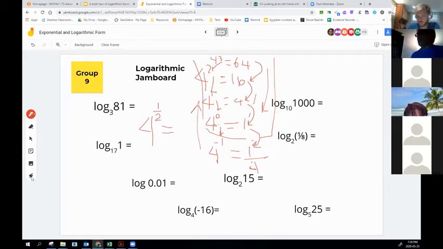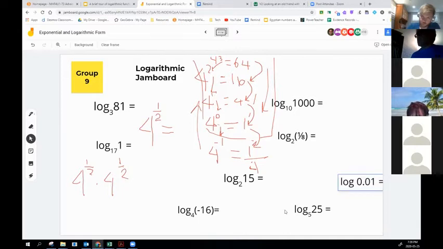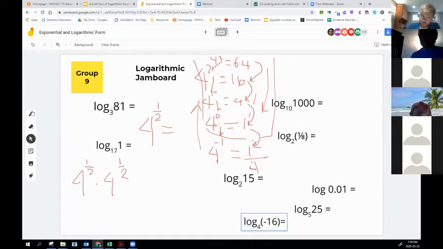And what happens when we multiply two numbers with the same base? What happens to the exponents? What do we do with the exponents? Would anybody like to enlighten us a little bit?